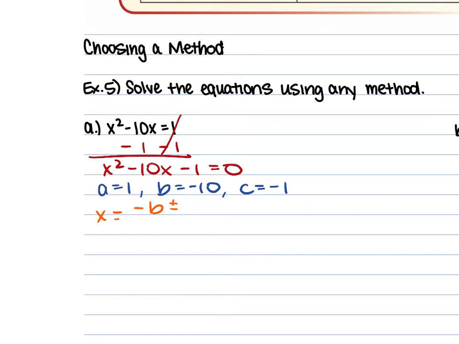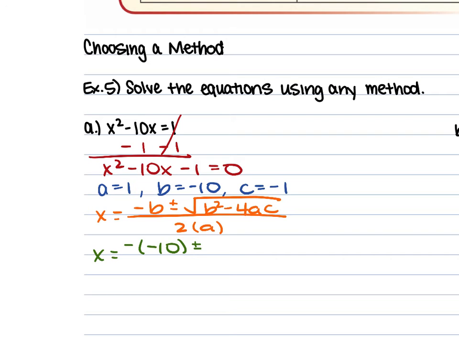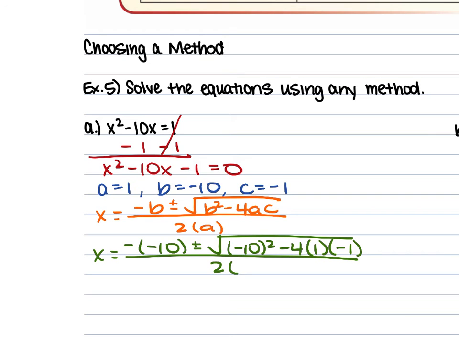So negative B plus or minus the square root of b squared minus 4 times a times c, all over 2 times a. So I'm going to have x is equal to the opposite of negative 10, plus or minus the square root of negative 10 squared minus 4 times 1 times negative 1, all over 2 times 1.